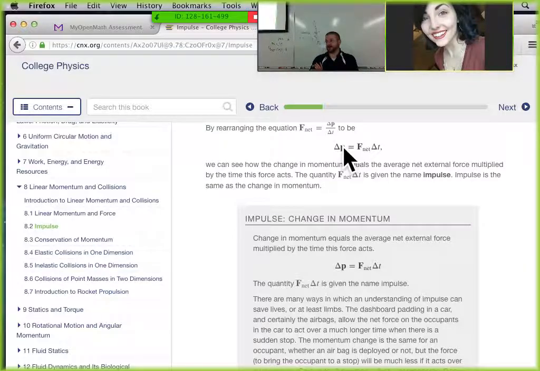This is how they determine how fast cars are allowed to go on freeways, because now most cars have airbags. If you're on a freeway going 75 miles an hour, you can survive that crash if you have an airbag, if you contact it correctly, and you're wearing your seatbelt. That's how they calculate that change in momentum, because the airbag increases the time of stopping the human inside the car.